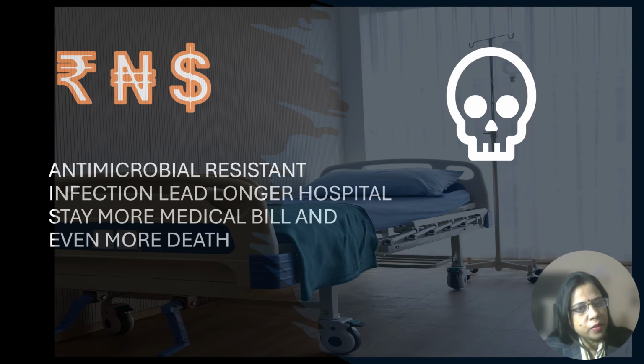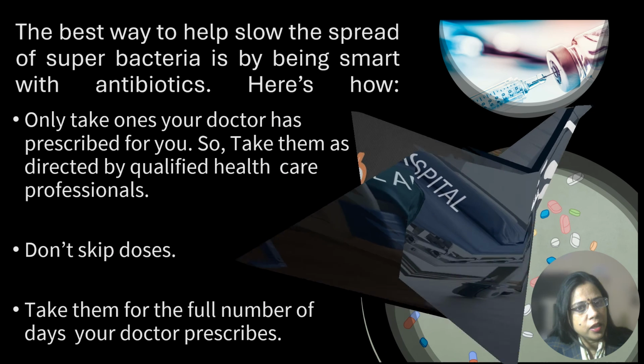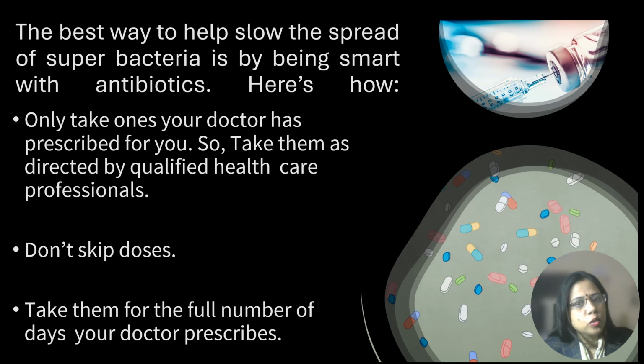So the best way to help slow the spread of superbacteria is by being smart with antibiotics. Here's how. Only take them once your doctor has prescribed them for you. Take them as directed by a qualified healthcare professional.